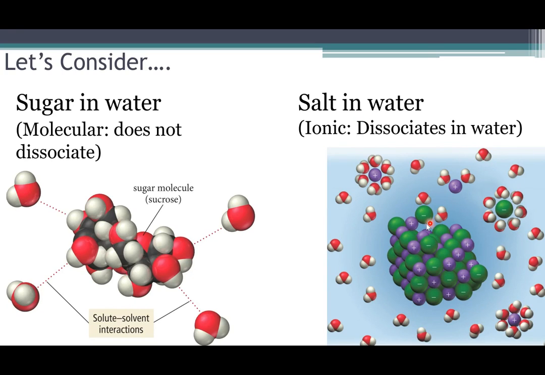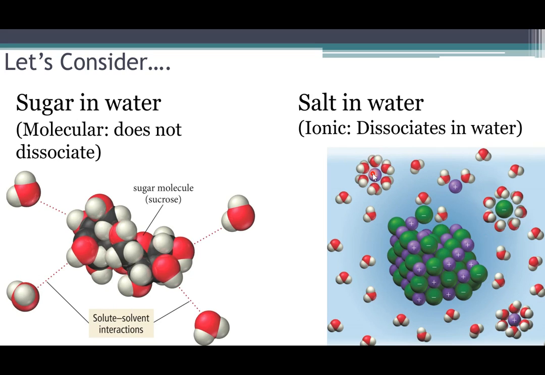So what we see here is we've got our purple and green sodium chloride molecule, okay? The green is the negatively charged chlorine, the purple is the positively charged sodium. So what happens is water wiggles its way in between these sodium and chlorine ions, and it kind of plucks them aside, okay?